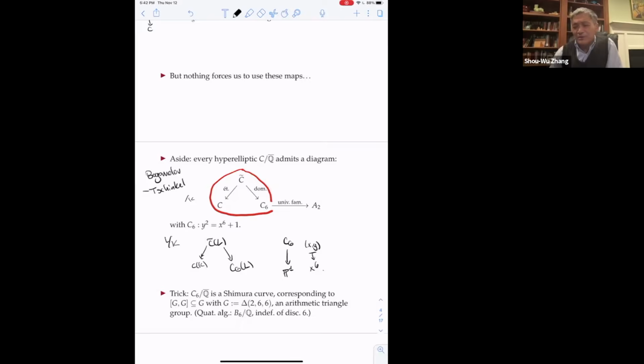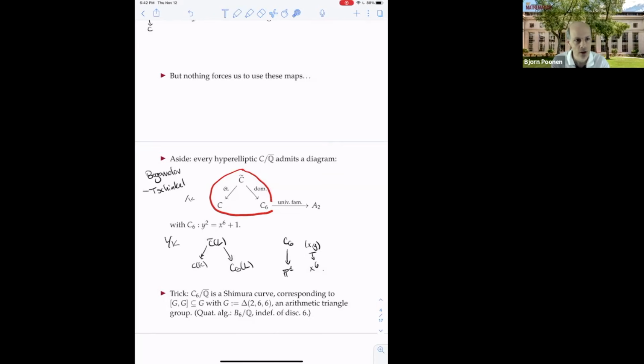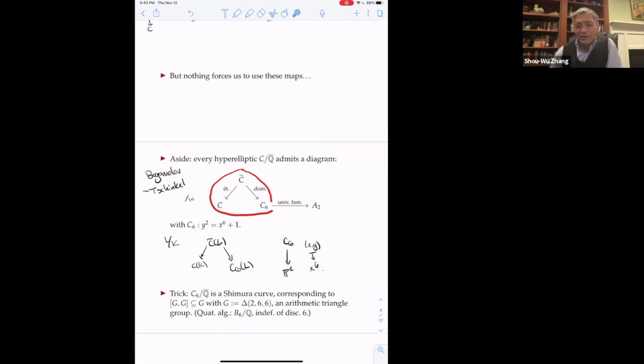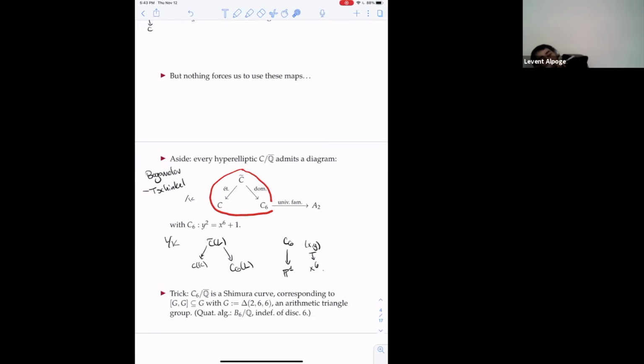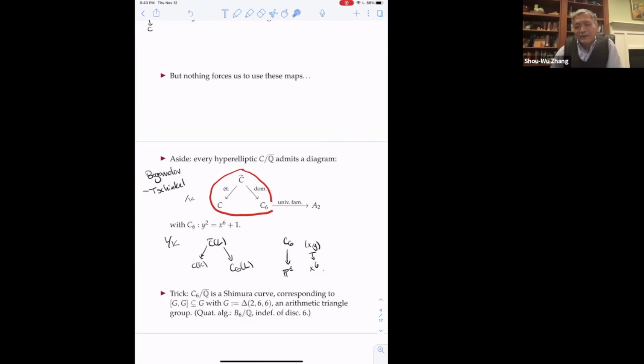But C6 has only countably many coverings. No, because the cover of C6 is not required to be étale. Not necessarily étale. But maybe the ramification is not necessarily rational, right? Yeah, they don't have to be defined over Q bar. Okay, I see.